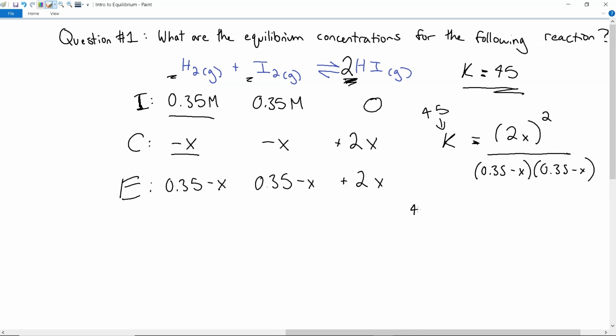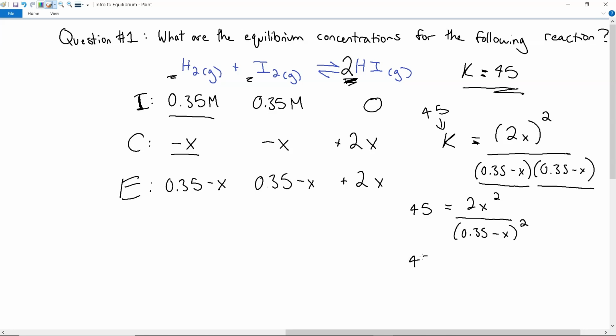So let me write this out again. Since we have 2 of the same values here, you can also represent that as 0.35 minus x squared.